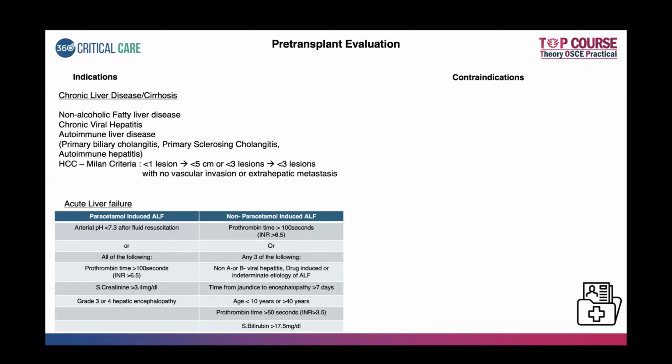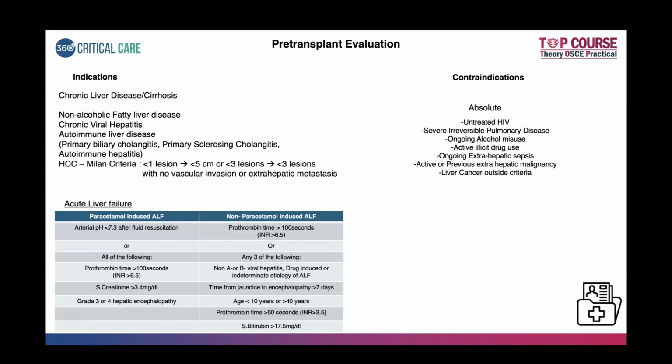So we saw the indications. There are also contraindications. Absolute contraindications, as of now, are untreated HIV, severe irreversible pulmonary disease, ongoing alcohol misuse, illicit drug abuse, ongoing extrahepatic sepsis, active or previous extrahepatic malignancies, and liver cancers that are outside of this criteria.